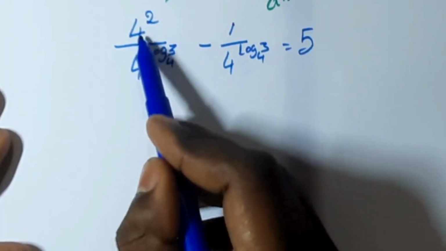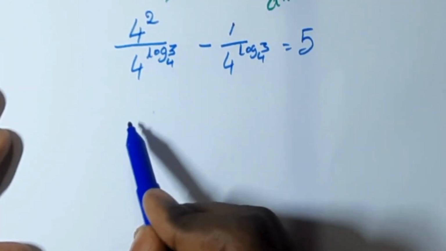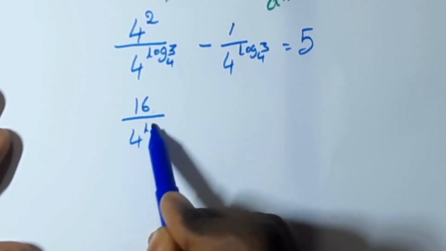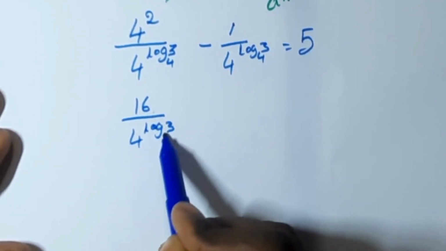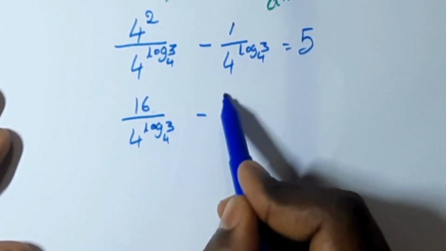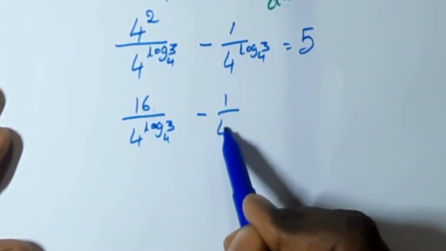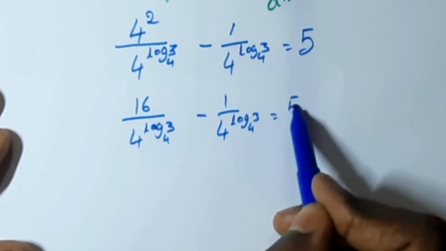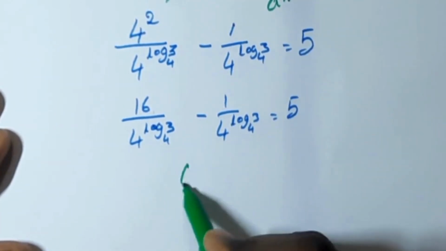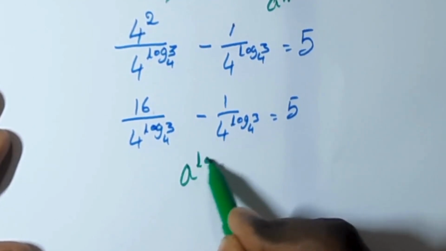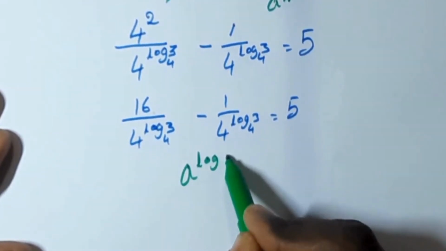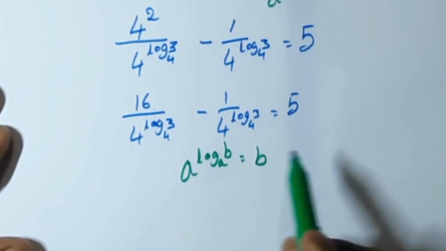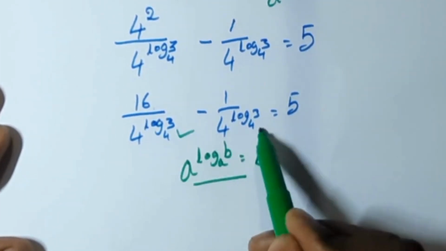So 4 square is 16, so 16 by 4 power log 3 base 4 minus 1 by 4 power log 3 base 4 equal to 5. We know the formula that a power log b base a equal to b. We are going to apply this here and here.